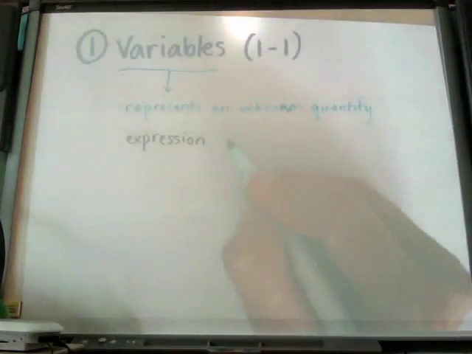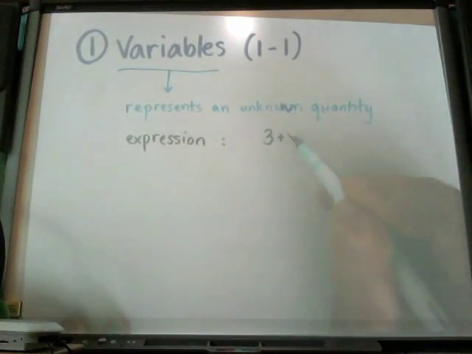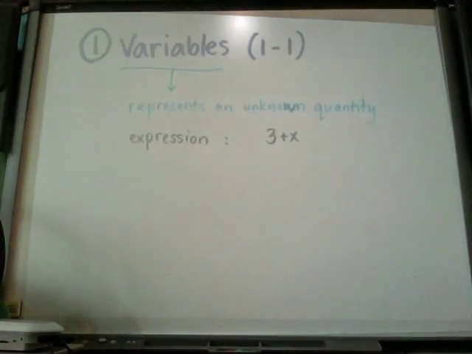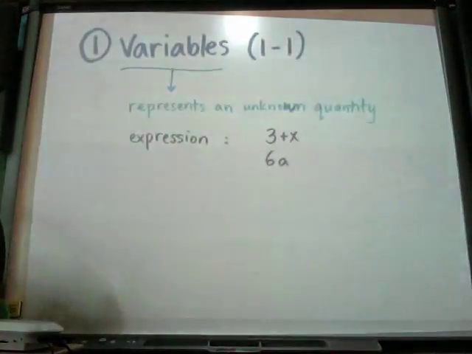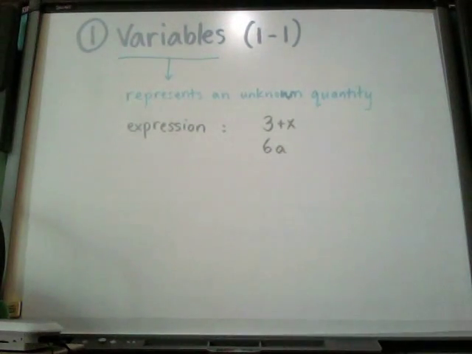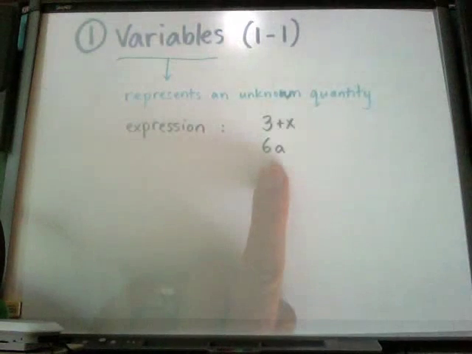Okay, so for an example of an expression, it could be 3 plus x. It could be 6a, something like that. That's an expression. It doesn't have an equal sign. Can I solve either one of these? If I don't know the variable, can I solve? Right, so the way these are right now, I can't solve.